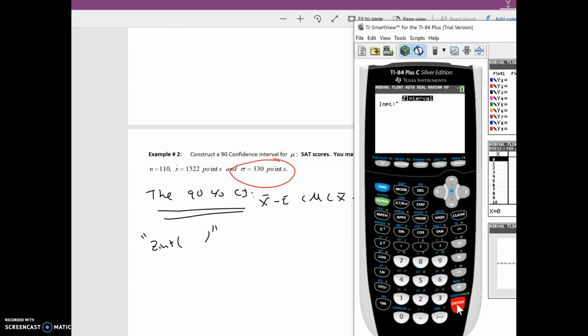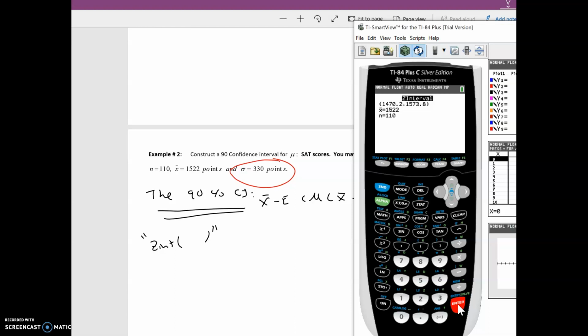In number 7, you have to input the following information. The standard deviation happens to be 330. The mean is 1522. N is 110. And the level they're talking about is 90%. Run it. And that's going to be your answer.